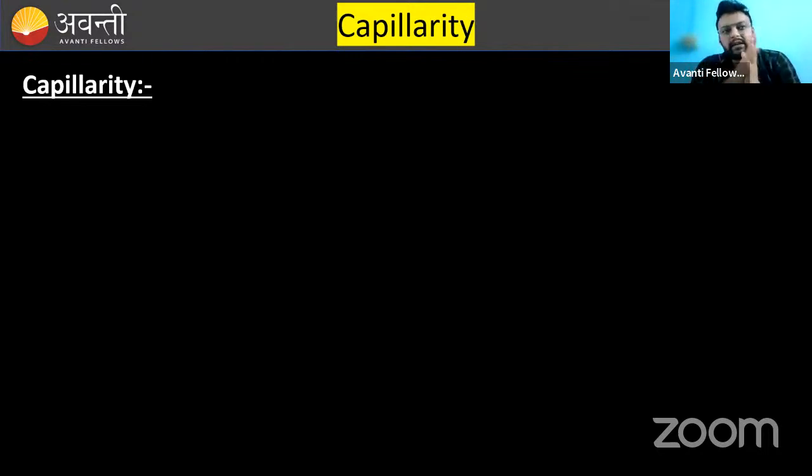Have you ever seen what happens when a narrow long tube is dipped in a liquid? Sometimes the liquid rises in the tube, or sometimes the liquid falls in the tube. This rise or fall of the liquid in a narrow tube is known as capillarity.